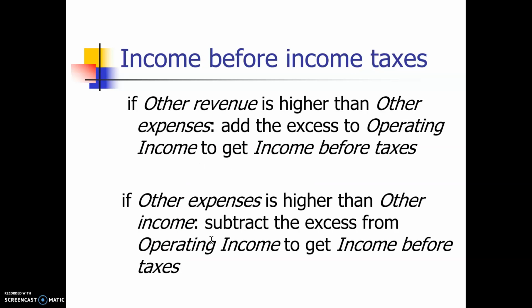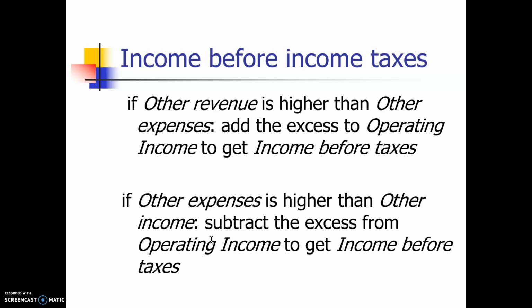So what we'll do is combine all of our other revenue, combine all of our other expenses, and then subtract the total other expenses from the total other revenue. We know that revenue makes our net income higher, expenses make our net income lower. So if the other revenue is higher than the other expenses, the difference is going to be added.